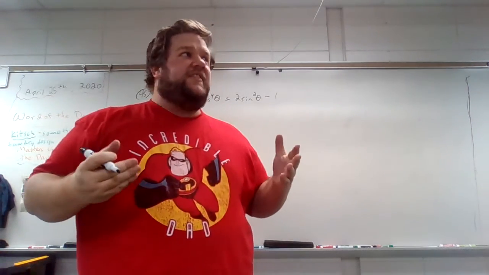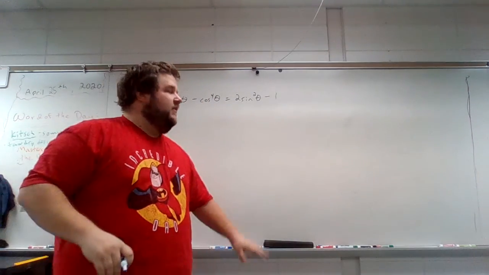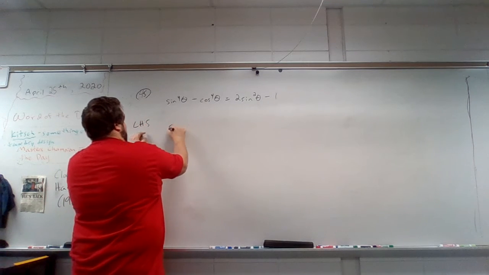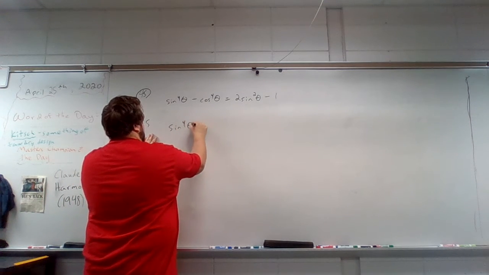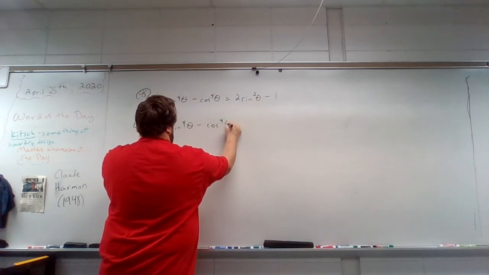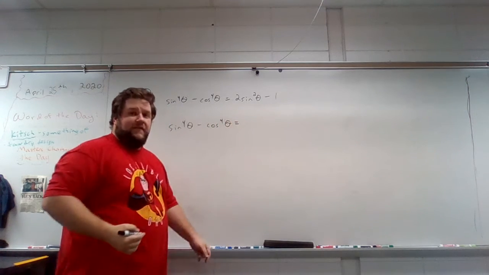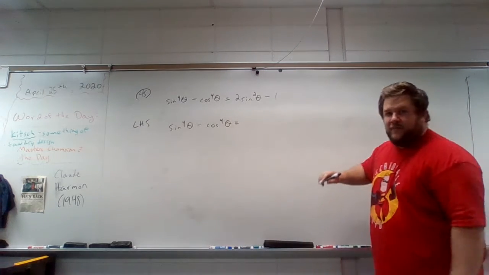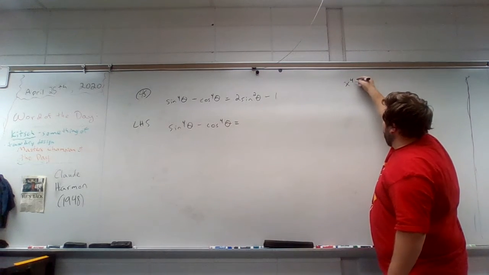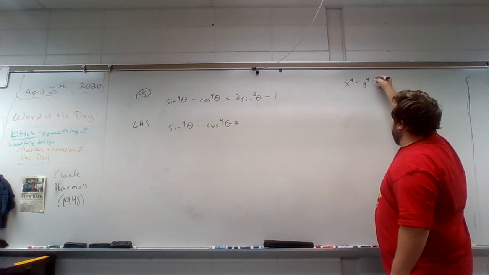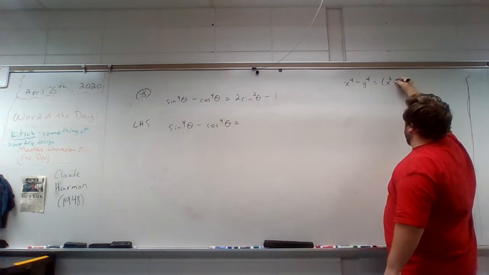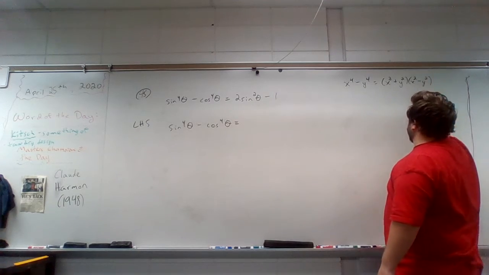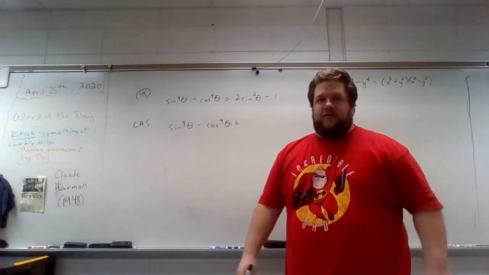I noticed that that is a difference of squares. That's sine to the 4th theta minus cosine to the 4th. And the question is, how do I factor that? Well, remember, something like x to the 4th minus y to the 4th would factor as x squared plus y squared times x squared minus y squared, because it's just a difference of perfect squares.